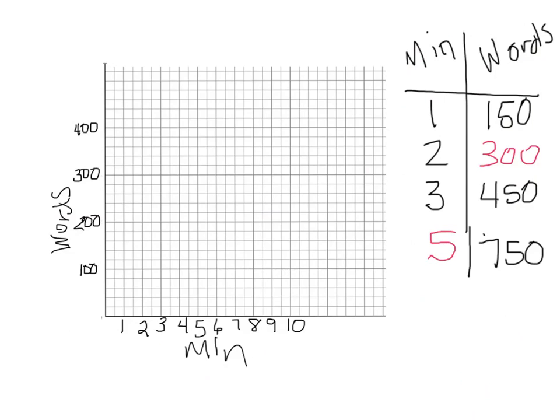We can also represent this using a graph. When I use a graph, I want to go over to 1 minute and then up to 150. And I'm going to mark a point on 150. And then I can go up to 2 and mark a point at 300.